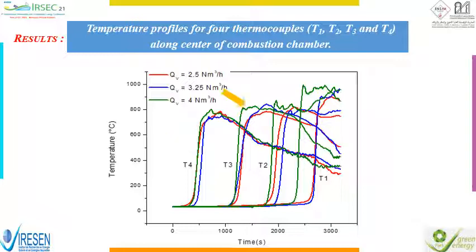In the ignition propagation stage, the curves increase rapidly from room temperature to reach their own peak value generated by the passage of the ignition front, and then drop when the flame spreads down the reactor. The effects of the volume flow rate on the combustion process are felt both in the ignition time and the temperature peak value. Indeed, an increase in QV reduces the combustion startup time and increases the temperature peak value.